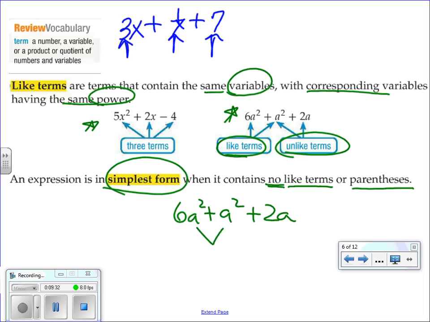So we can combine these 2. So 6a squared plus a squared, remember, there's that 1 in front of a that we don't normally write. So we have 7a squared total plus 2a. And now that expression is in simplest form.